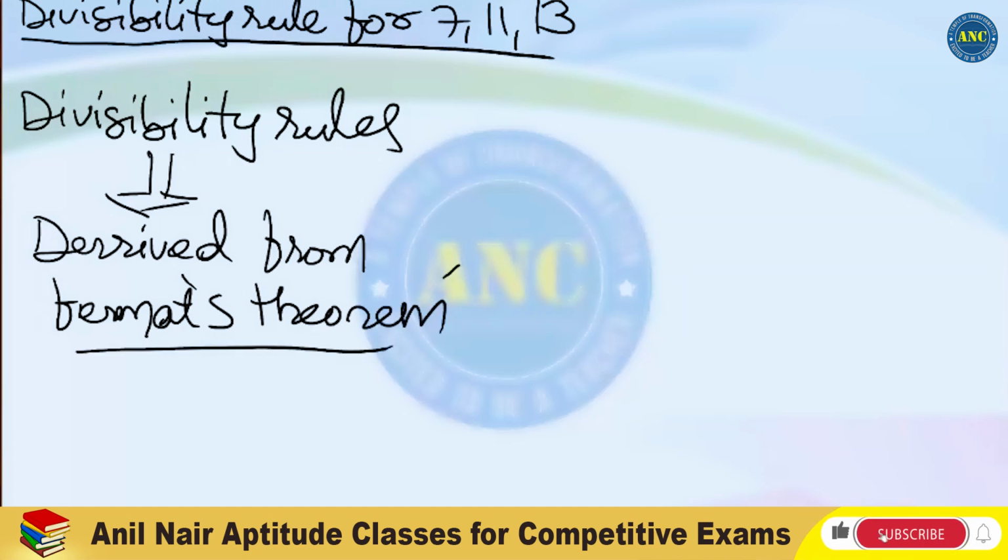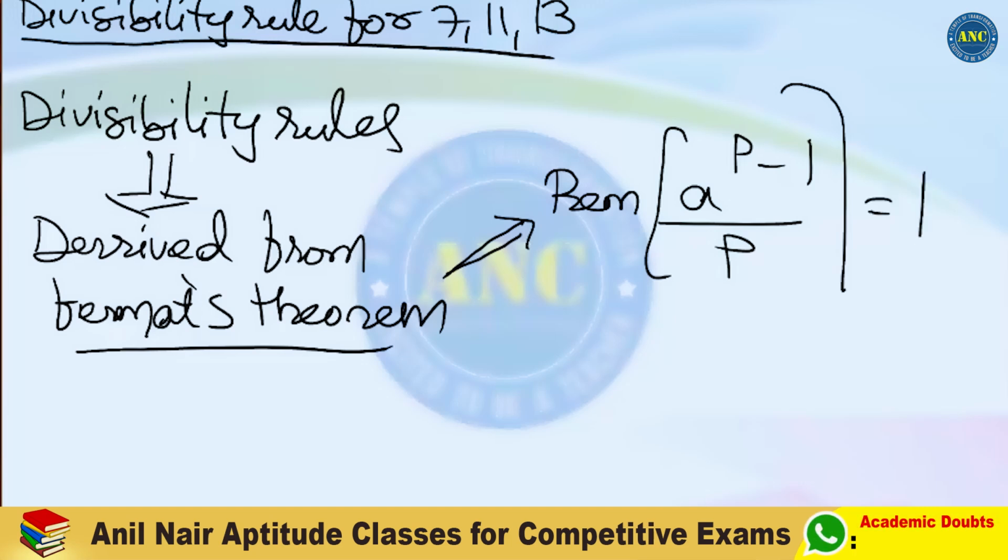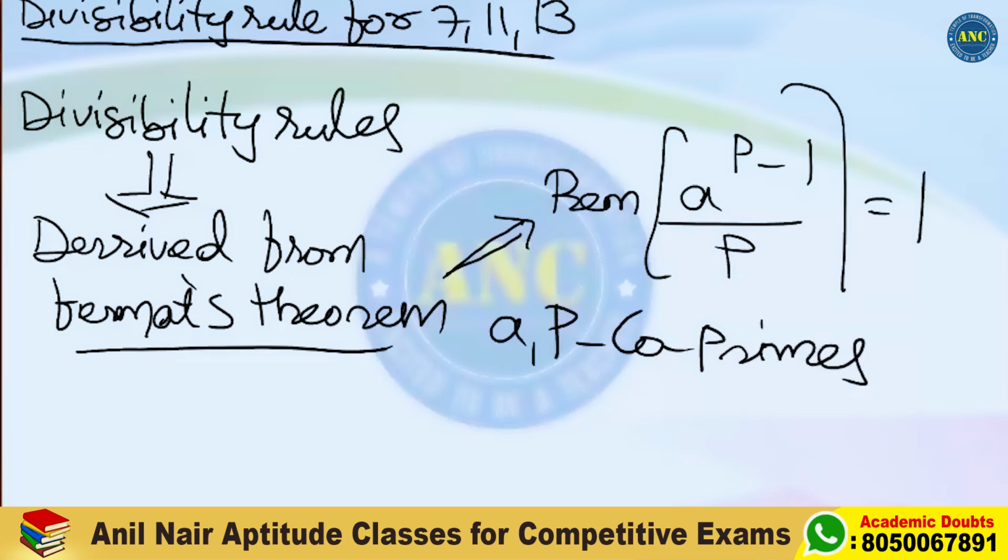Fermat's theorem states: the remainder, when a power p minus 1 is divided by p, is 1, when a and p are co-primes. Two numbers are said to be co-primes if their HCF is 1, and the denominator is a prime number.